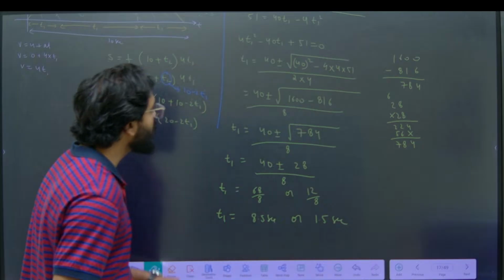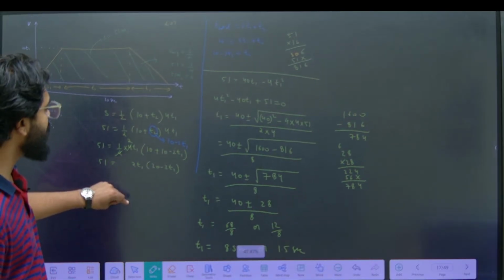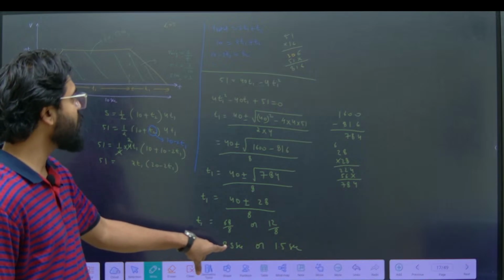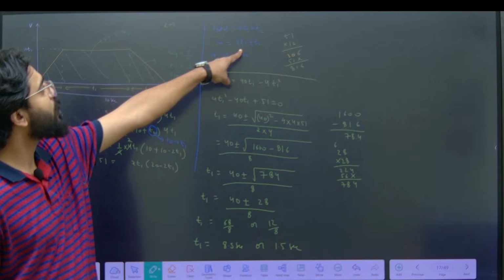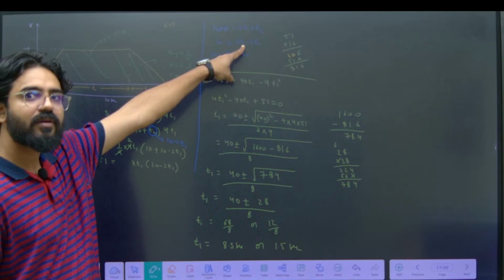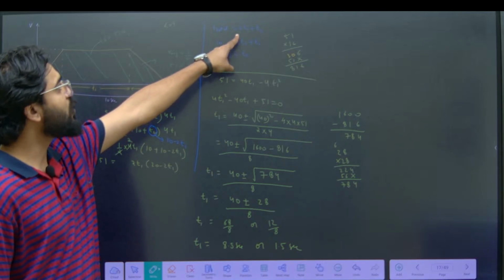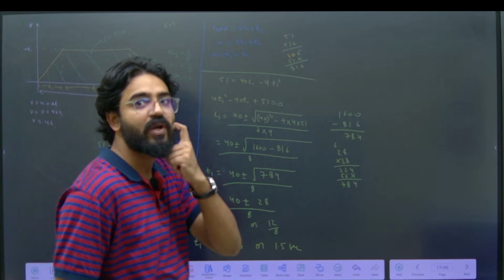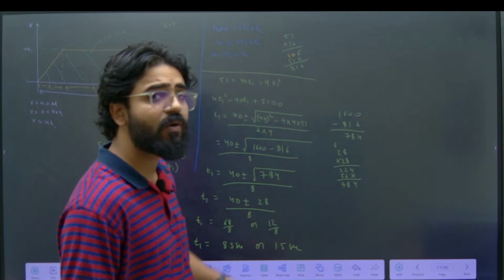But if we look, there is some constraint. If we are taking T1 as 8.5 seconds, then 2 into 8.5 will be 17 already. So it cannot be 8.5. Otherwise 2T1 is already 17, and then T2 would also take part, right?